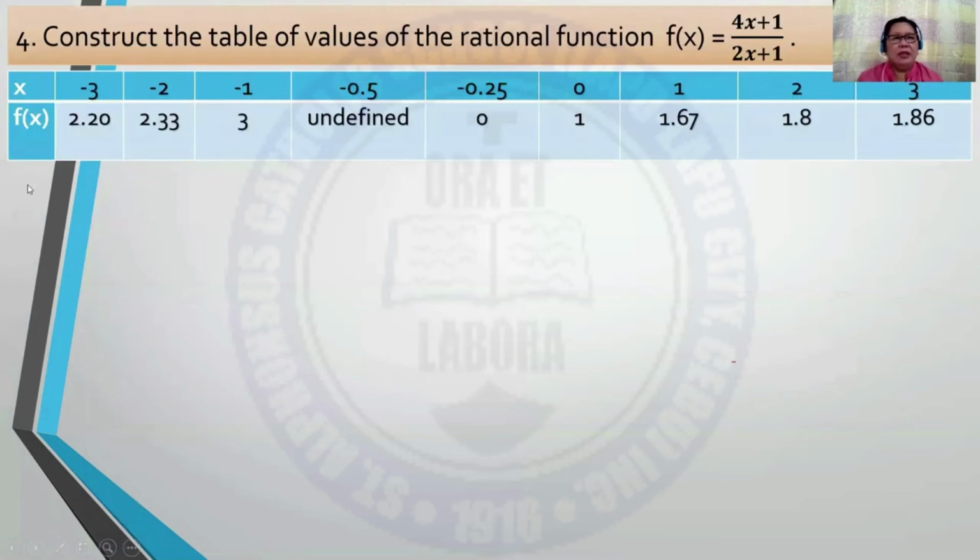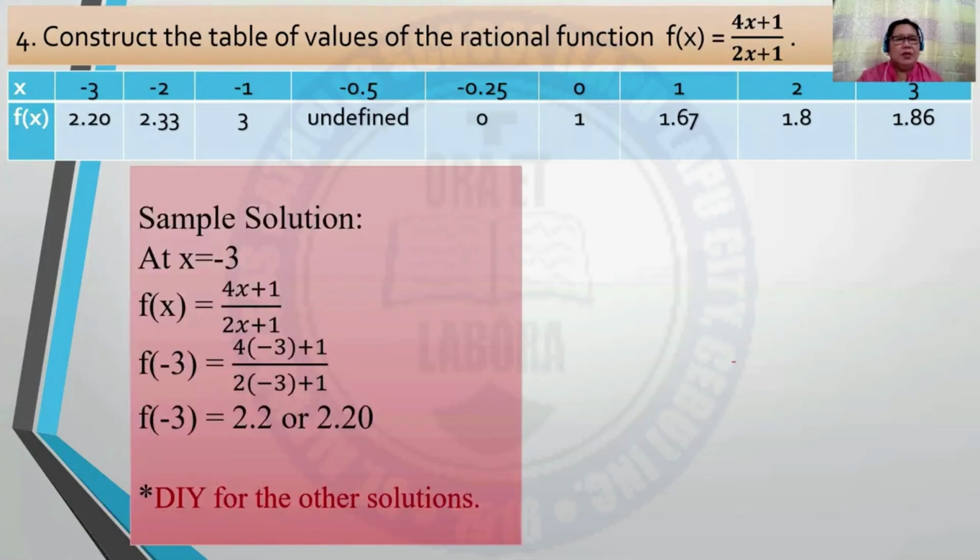Next, you have to construct the table of values of the rational function f of x is equal to 4x plus 1 over 2x plus 1. So, these are the values of f of x is equal to 4x plus 1 over 2x plus 1. So, I will show you one example. At x is equal to negative 3, the value is 2.2 or 2.20.